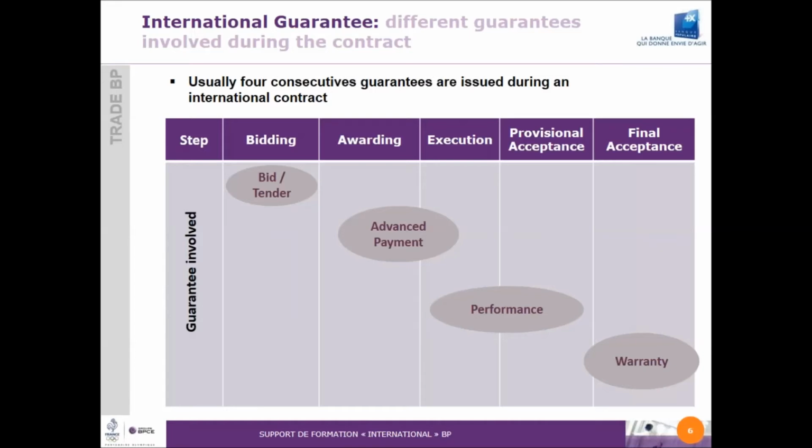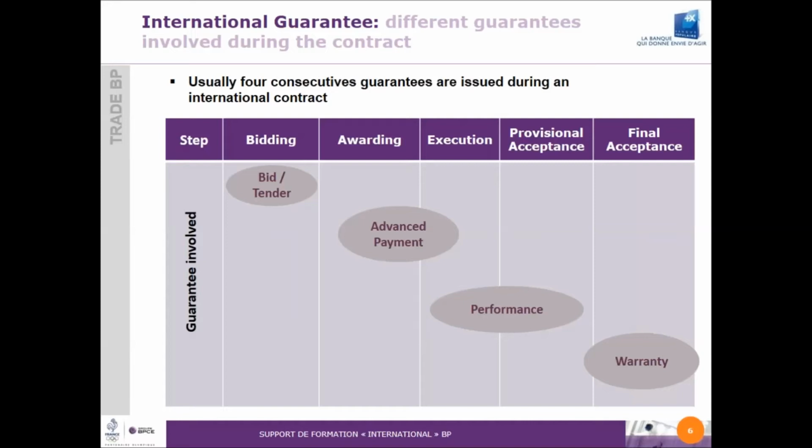Then there's the awarding process, and when you've been awarded the contract, you'll be requested to issue a performance guarantee. If an advance payment is made, you may be requested to issue an advance payment guarantee as well.